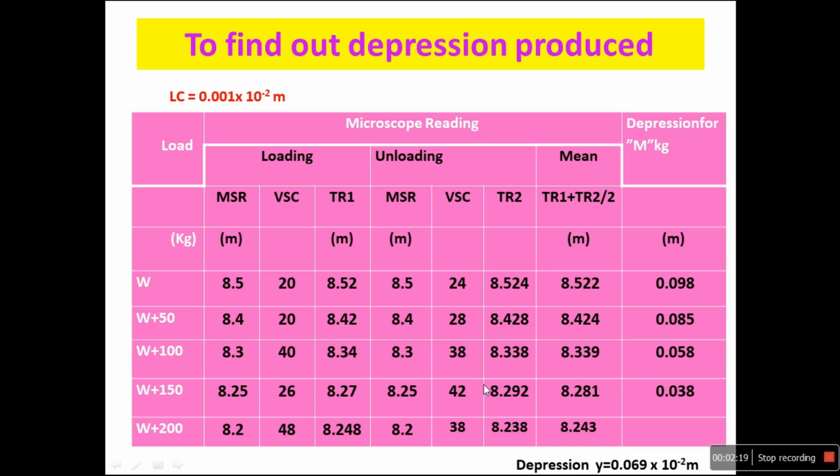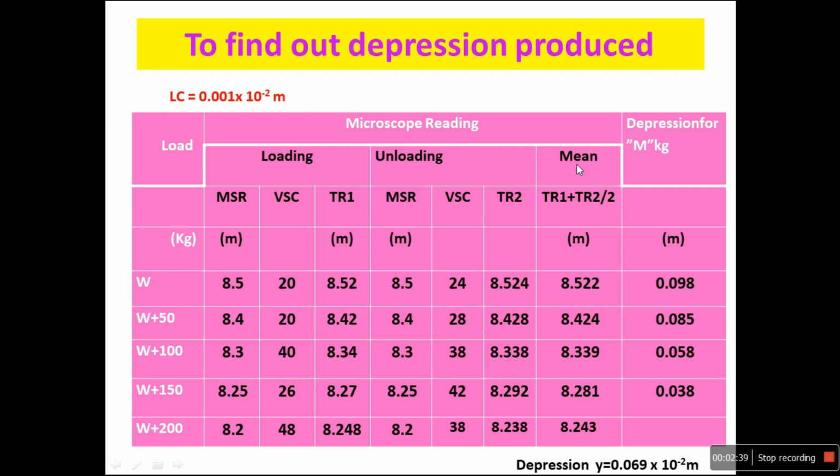In loading we have 3 columns: the main scale reading, the vernier scale coincidence, and the total reading. Similarly for unloading also, the main scale reading, the vernier scale coincidence, not reading, it's a coincidence, and the total reading.